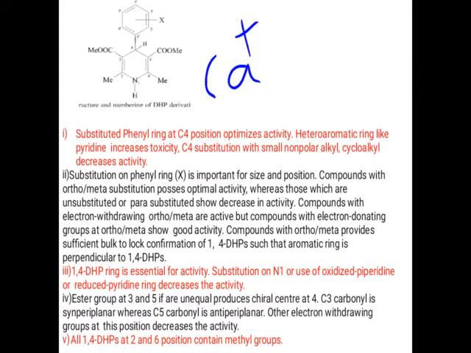We have already seen calcium channel blockers in a different chapter, or sub chapter, under drugs acting on the cardiovascular system. In that, the main class of calcium channel blocker is the dihydropyridine.